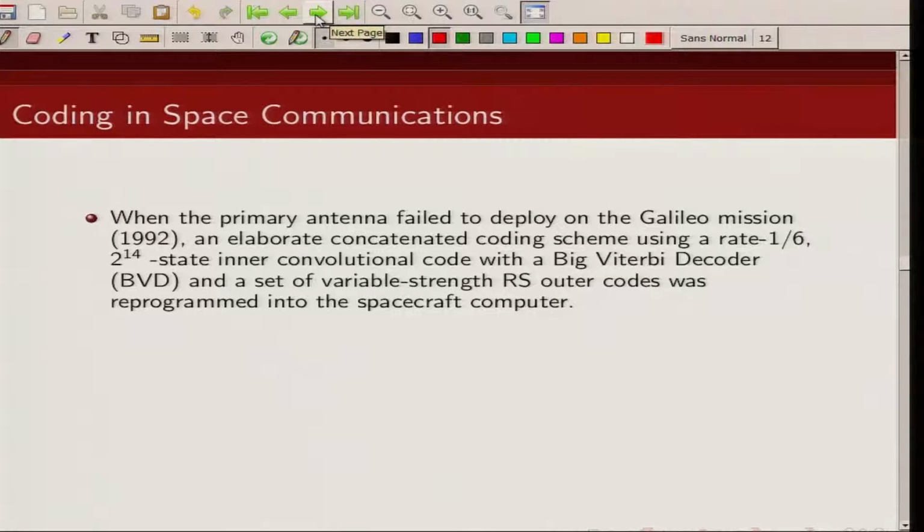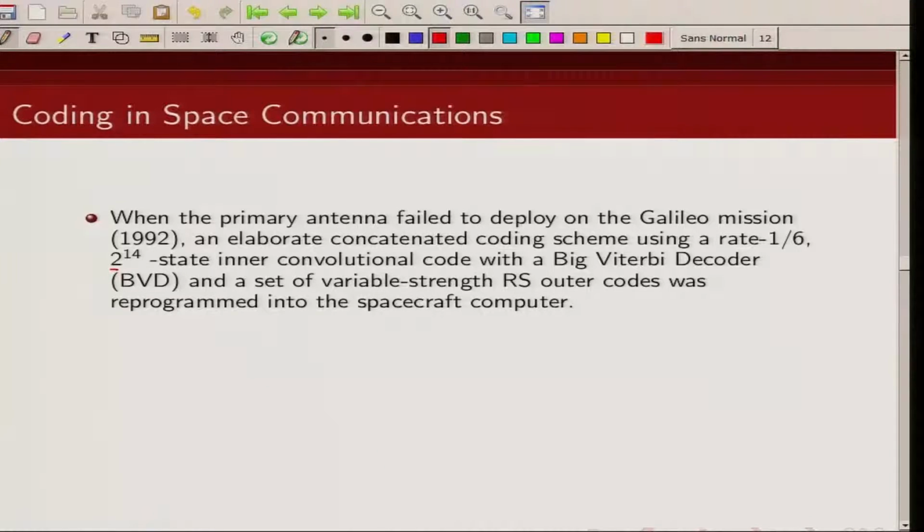Another big development was in Galileo's mission, when the primary antenna failed to deploy. So there was an elaborate concatenated coding scheme which used a 2^14 state convolutional code as the inner code, and Reed-Solomon code as the outer code, and a big Viterbi decoding algorithm was proposed, which could work over such a large number of states.